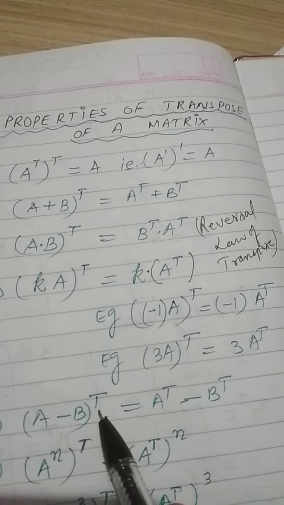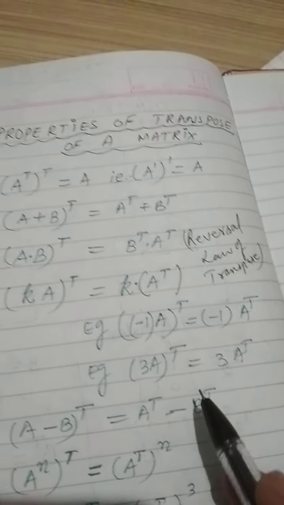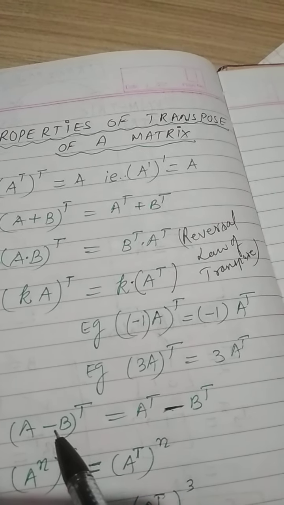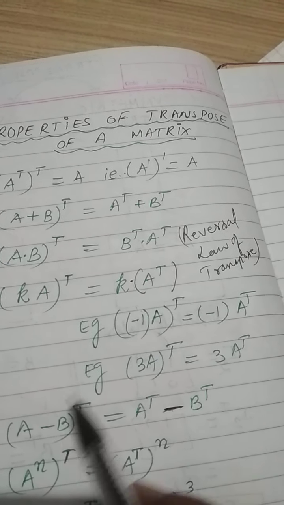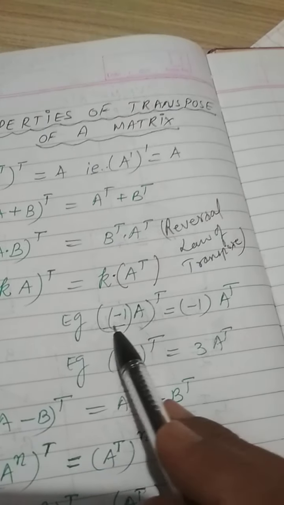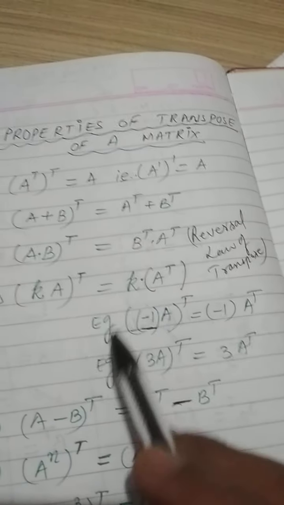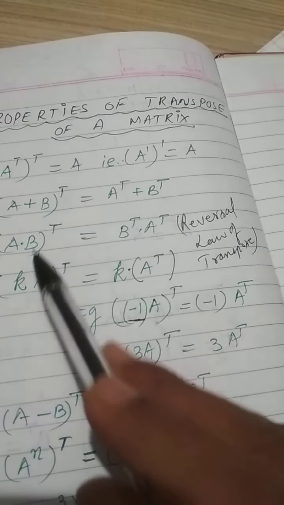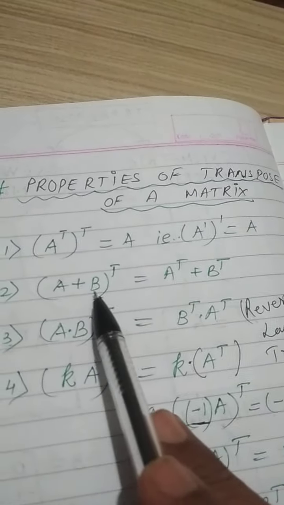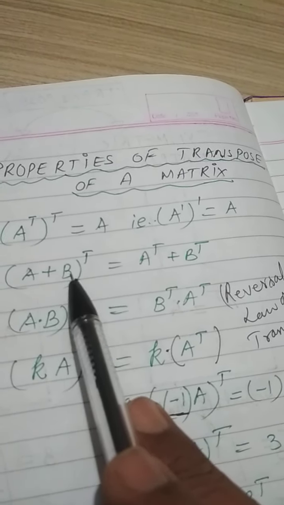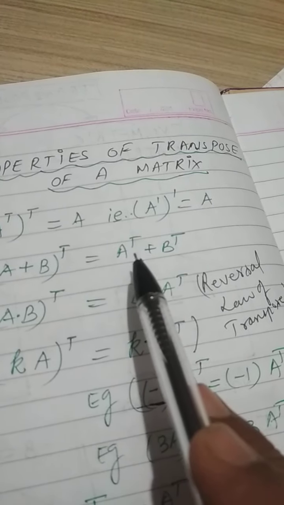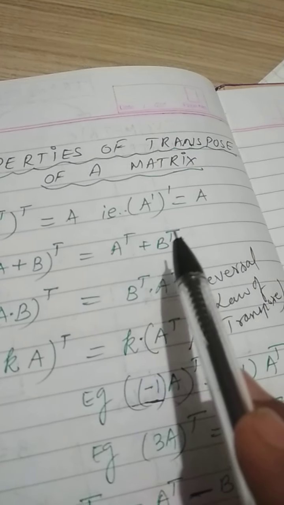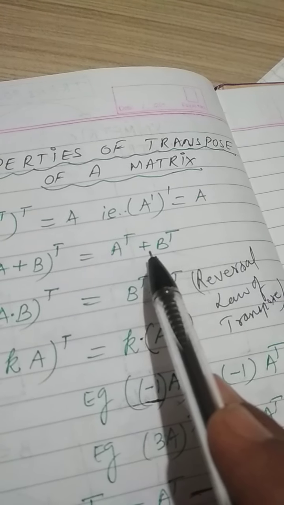Then A minus B whole transpose is equal to A transpose minus B transpose. Why have I put this property at this stage? Because this minus sign can be introduced only after the scalar multiplication. If it were plus, it would be A plus B, which is nothing but A plus 1 times B, so it is A transpose plus 1 times B whole transpose, and 1 will come out.